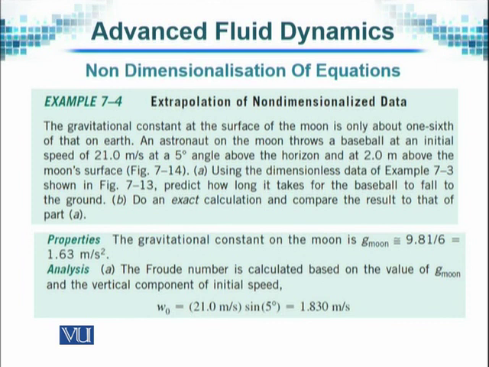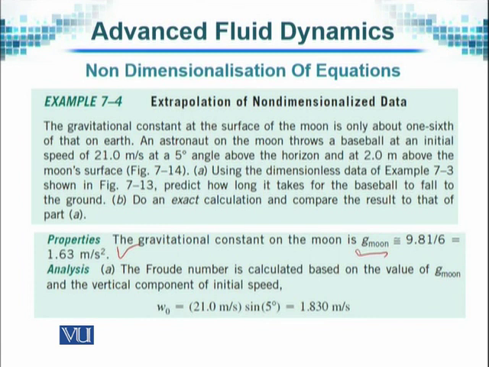We observe that the gravitational constant on the moon, denoted by g moon, is 9.81 divided by 6, so 1/6 of the value on Earth, and approximately it turns out to be 1.63 meters per second squared. So gravitational pull on the moon is 1.63 meters per second squared compared to 9.81 meters per second squared on Earth.